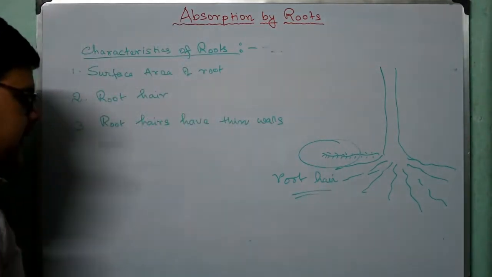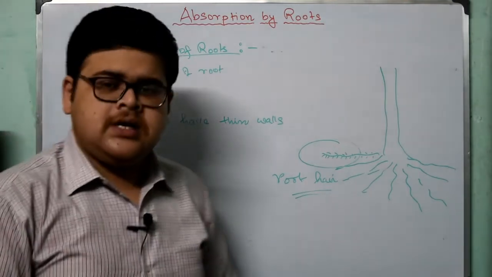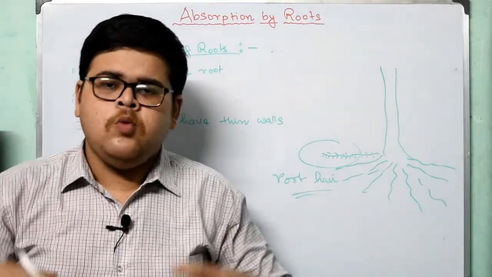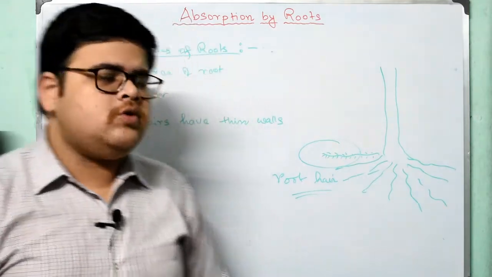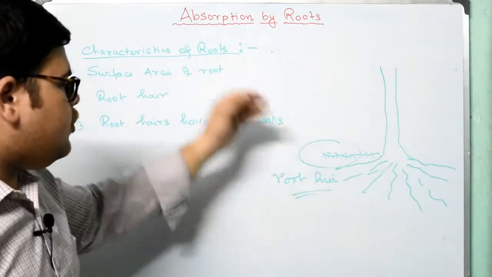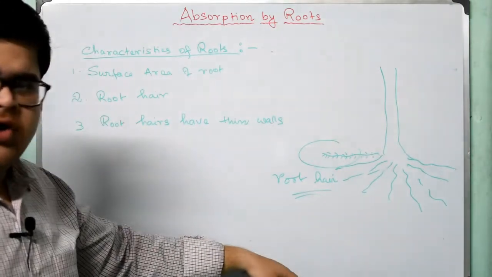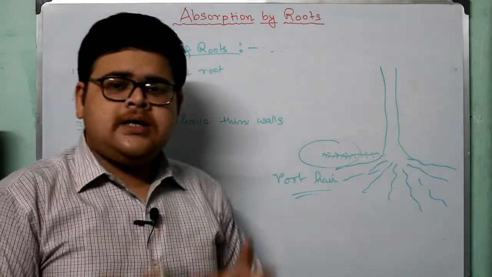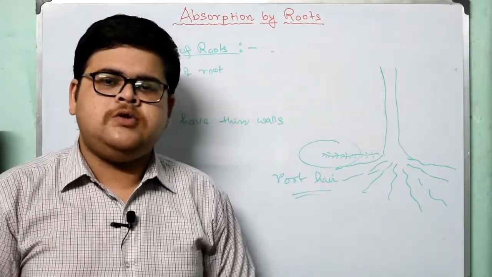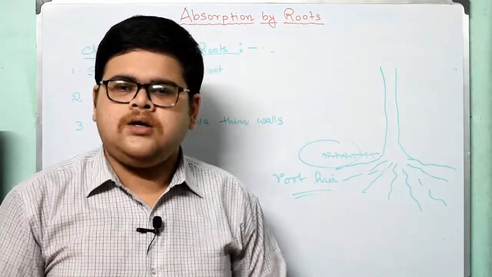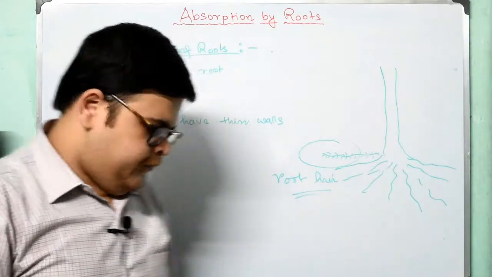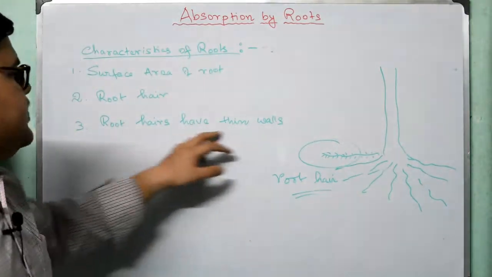These root hairs add more surface area to the root, and they can go much deeper in the soil and absorb a huge amount of nutrients, minerals, salts, water, etc. from the soil. Also, root hairs have a thin cell wall.